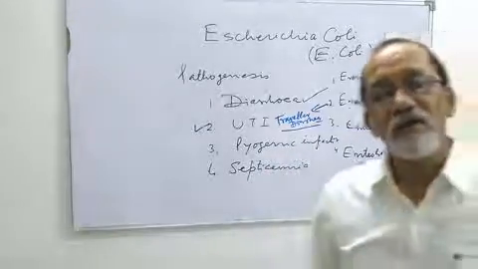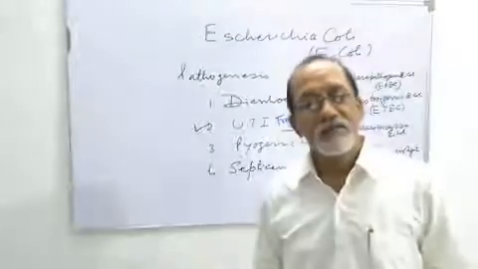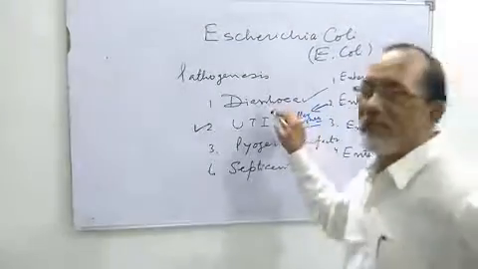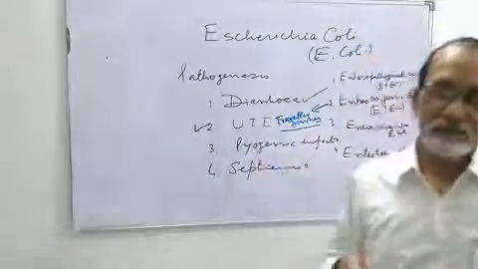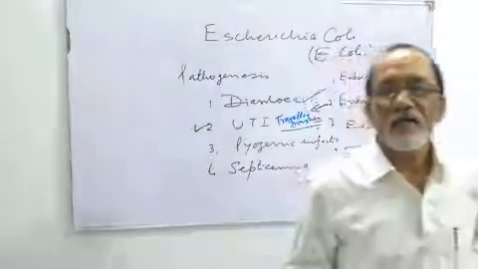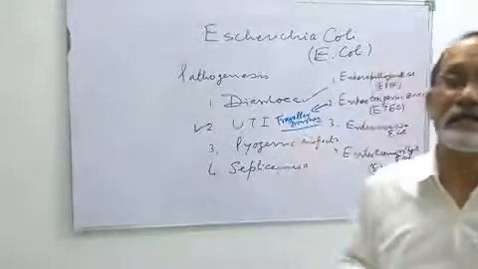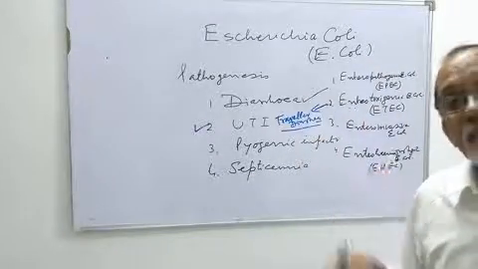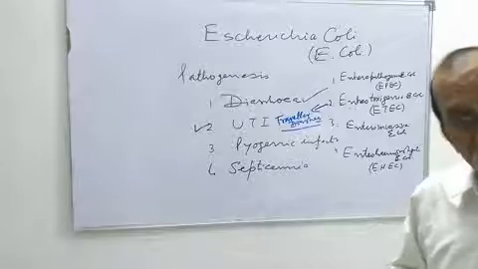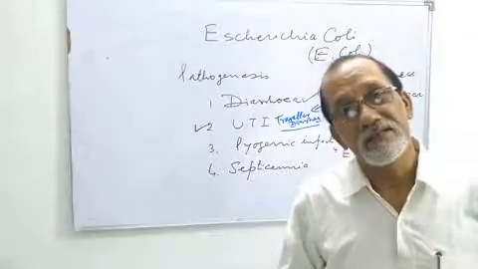Okay, and now the laboratory diagnosis of all these things. So first of all, we take the diarrhea, and the laboratory diagnosis of E. coli diarrhea has been complex, as there is no single test which can identify all strains of E. coli which is responsible for diarrhea.